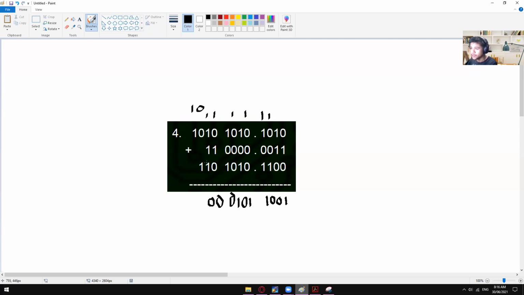Okay, so 0 plus 1 is 1 and then 1 plus 1 is 10. Carry 1, bring down 0 and then bring down that carry. And then for the decimal, so it's still right here. Then after this, you can now group this one by 4 for a better representation of your answer.